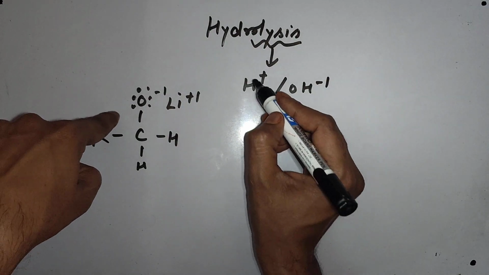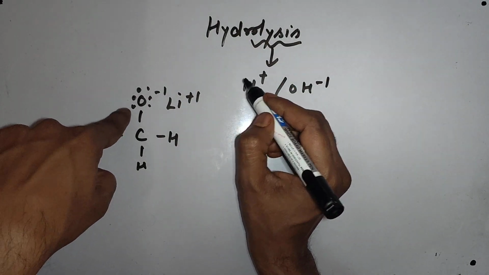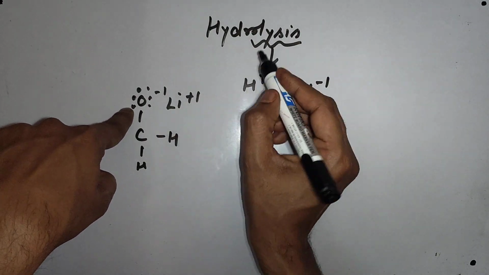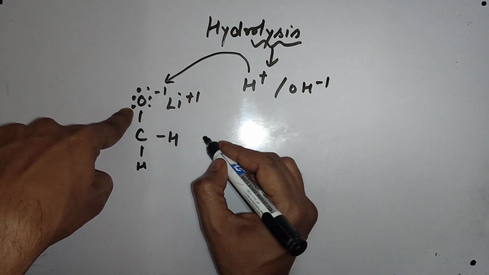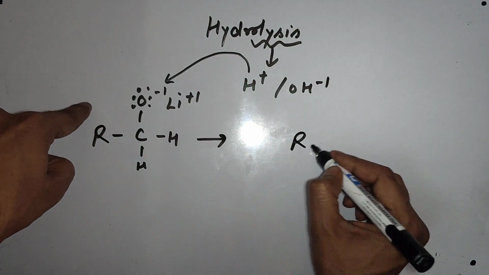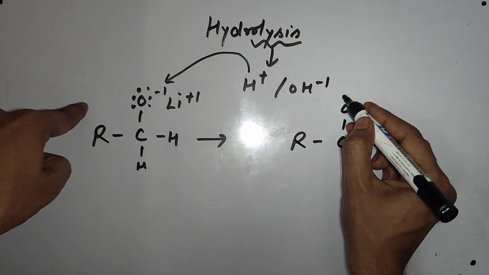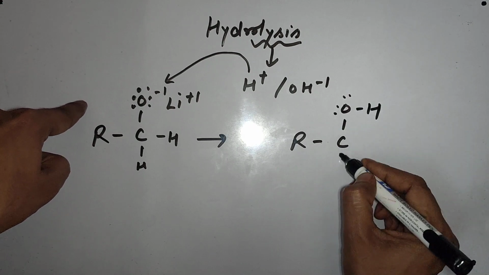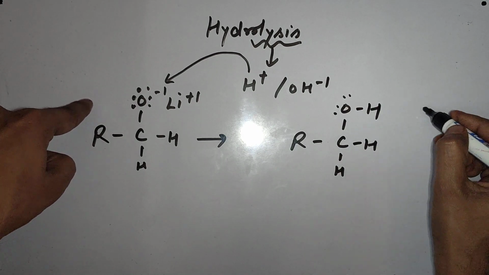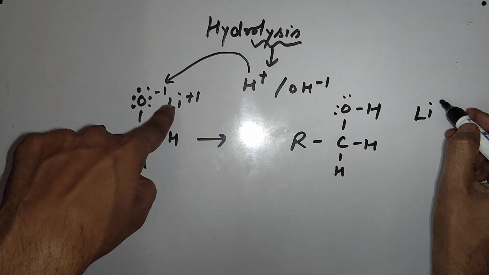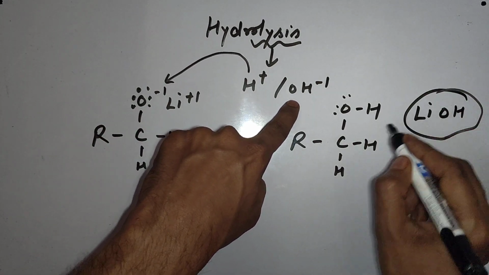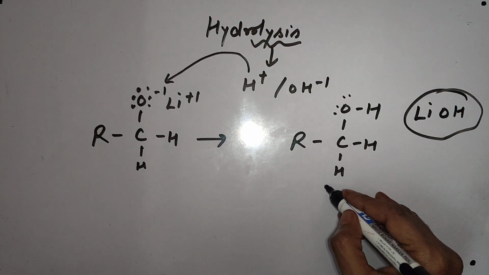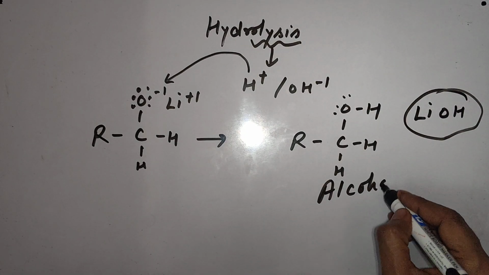Now it is very, very easy. This is oxygen which has a complete negative charge. H positive will attack on it. The ionic bond between oxygen and lithium will break. Li positive will be attacked by OH negative, and LiOH will release as a side product. Now watch this. This is alcohol.